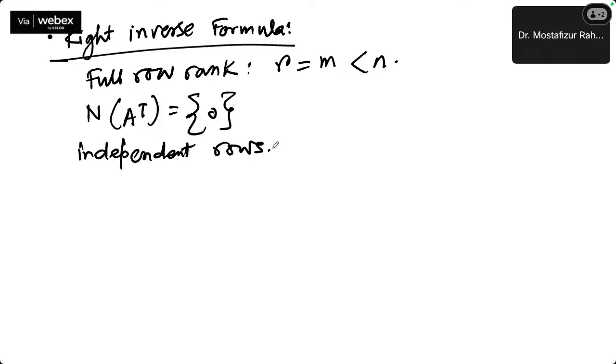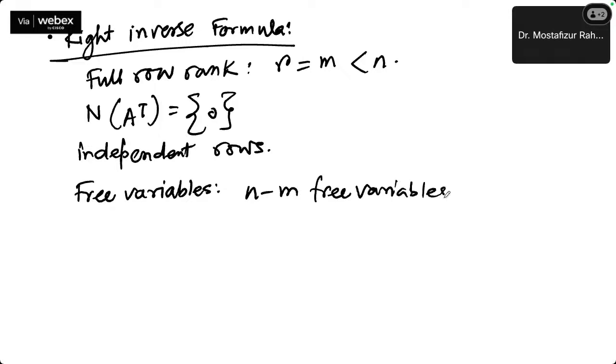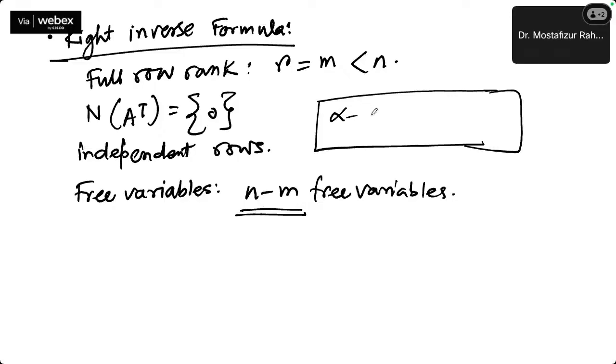Now, how many free variables do we have? We have n minus m free variables. If there are this many free variables, that means I can choose any n for the solution design, right? So that means infinitely many solutions exist for this kind of equation.